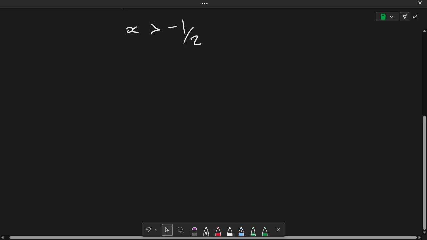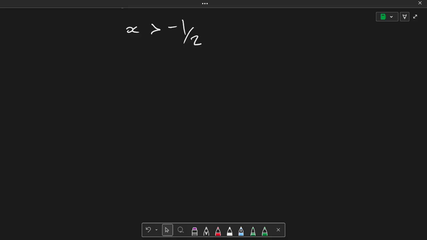Let's try to look at another example. Okay, second example will be: solve negative 3x plus 1 over 2 is greater than 4. So how do you go about solving this?